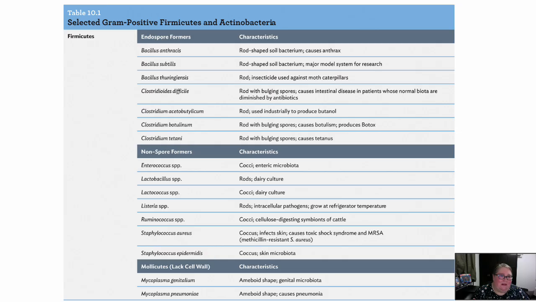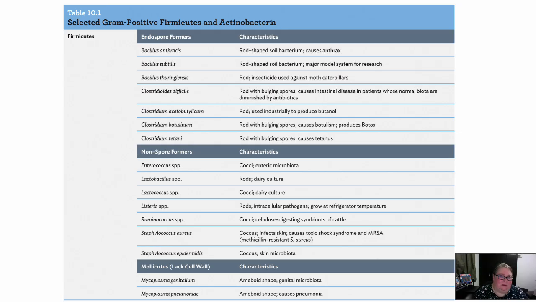Now, one thing that we haven't talked about is that a lot of the Firmicutes are gram-positive, but there are some members of this phyla that have done something weird. They have lost their cell walls, so they don't stain gram-positive. So we're going to have to do things like acid-fast stain in order to visualize them underneath the microscope. Okay, we call these the Mollicutes. These are our mycoplasmas.